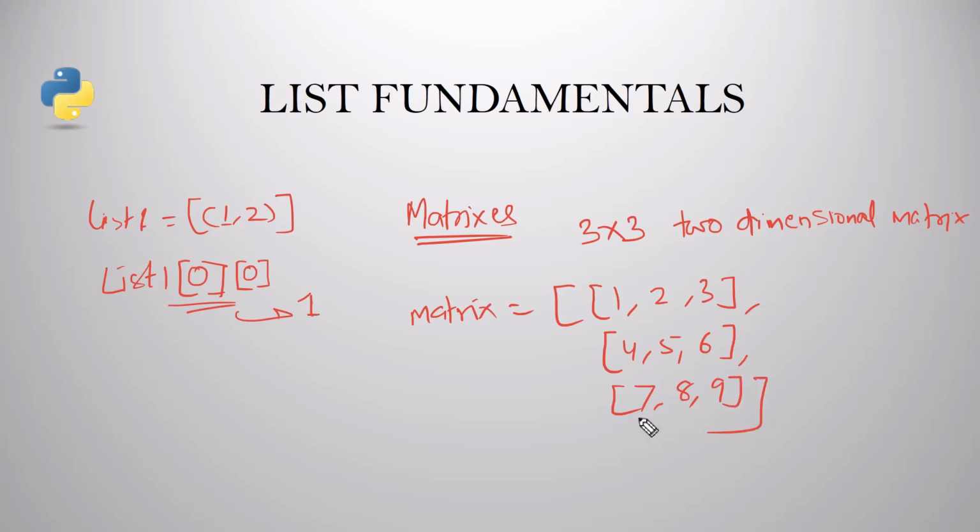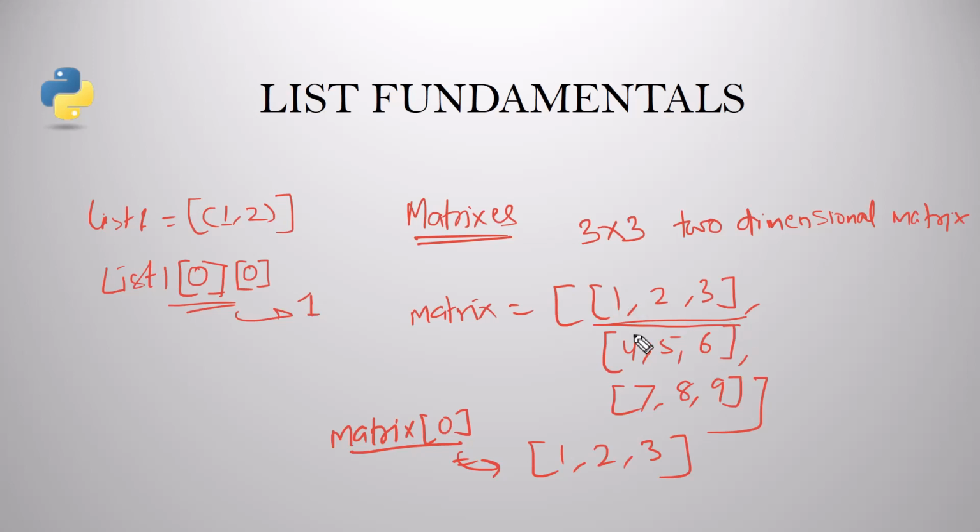With one index we get an entire row. If we give matrix[0], we will get the entire first row of the matrix, which returns 1, 2 and 3. With two indexes we can get an item within the row.